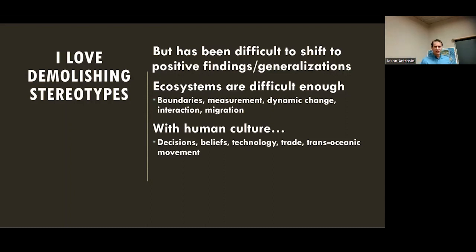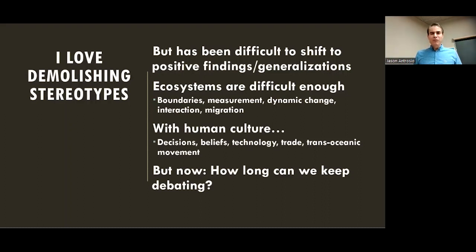We probably don't need to make it more complicated than it is. The problem for us now is how long can we keep having these smackdown debates between a beer sack and a martini about whether your theory is robust enough and whether you've consummated your marriage or not? How long can we do this?